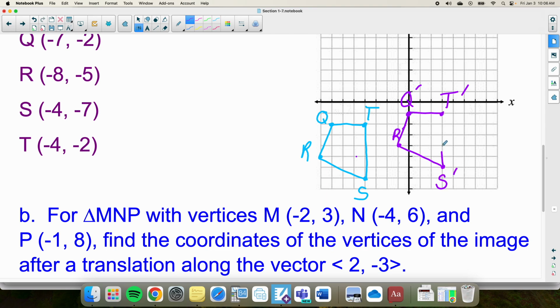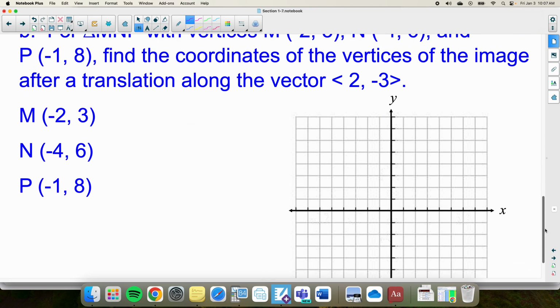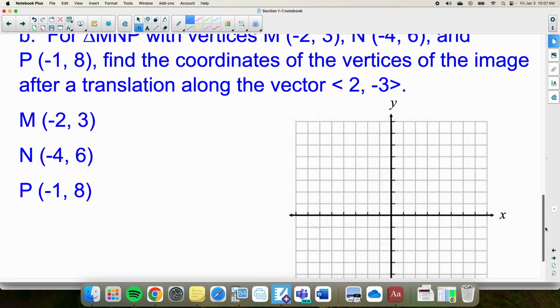And when you connect that, it should look like you just took that figure and slid it, okay? Now let's go down to this one. And we're gonna plot these points. So M is -2, so left 2, up 1, 2, 3.